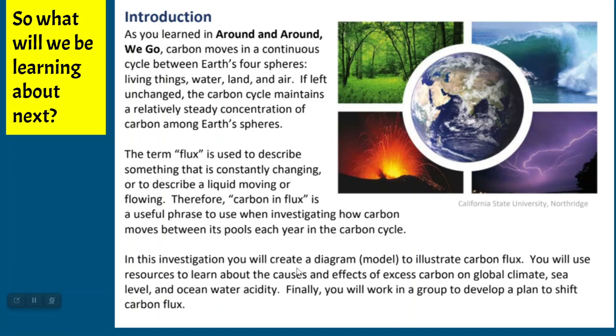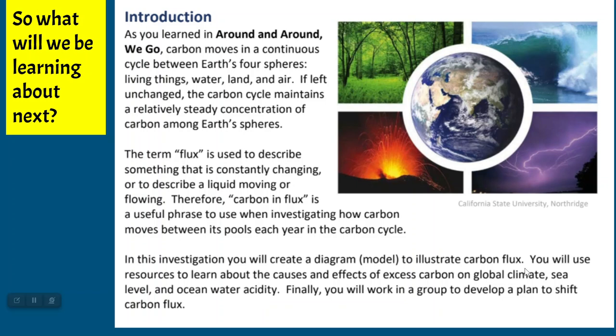In this investigation, we're going to create a diagram to illustrate carbon flux. So we're going to use resources to learn about the causes and effects of excess carbon on global climate, also on sea level, and on ocean water acidity. So keep that in mind, especially as you're getting ready to answer exit ticket questions later.